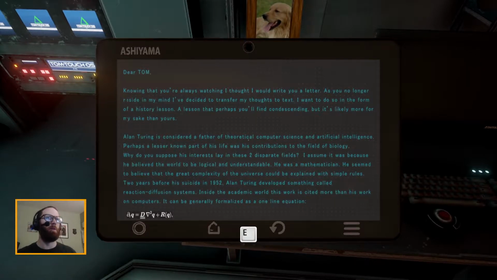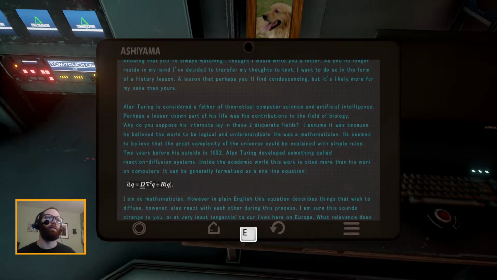Dear Tom, knowing that you're always watching, I thought I would write you a letter, as you no longer reside in my mind. I've decided to transfer my thoughts to text. I want to do so in the form of a history lesson, a lesson that perhaps you'll find condescending, but it's likely more for my sake than yours.